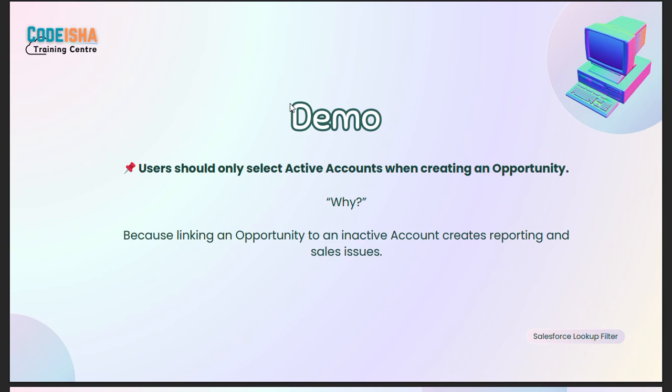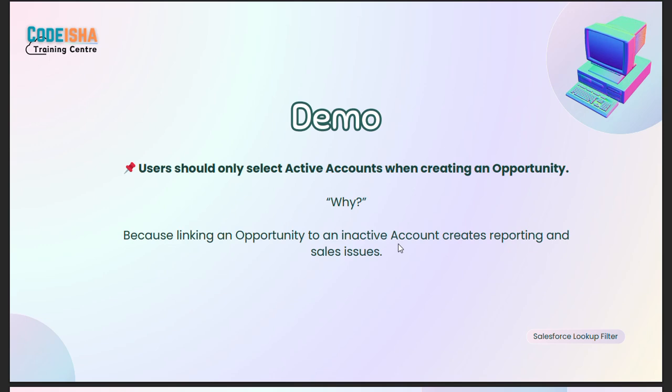Why? Because whether it is an opportunity, contact, case, or solution, when linking we need to know whether the account record is active or not. So we use this lookup filter. If we bypass this, we can get issues in reports and sales because of duplicate records.